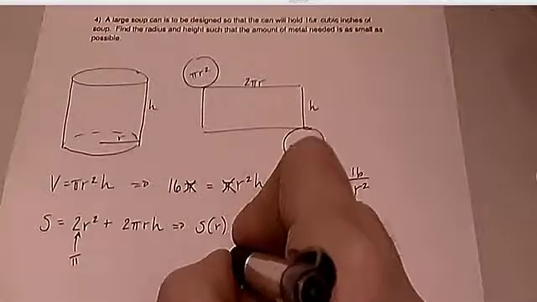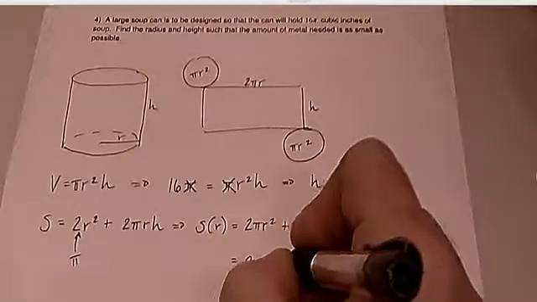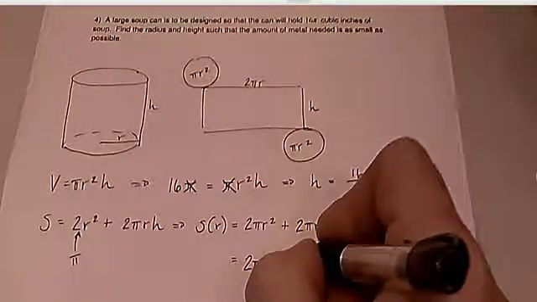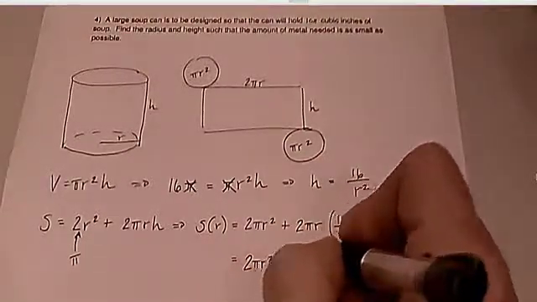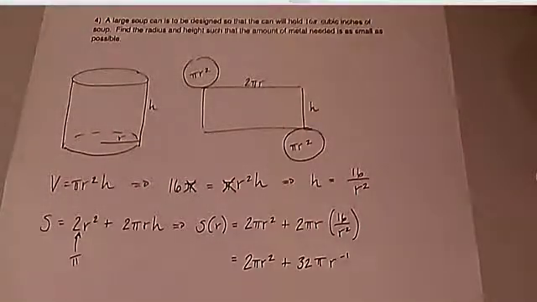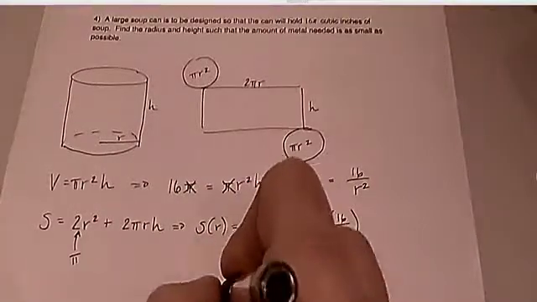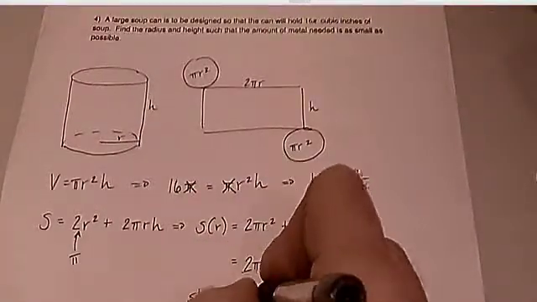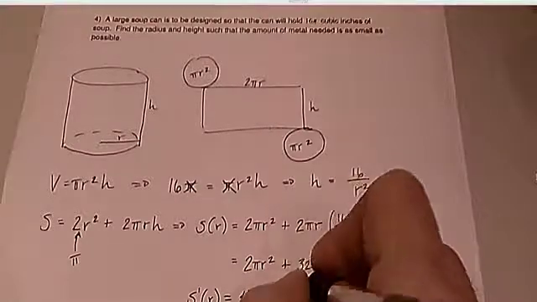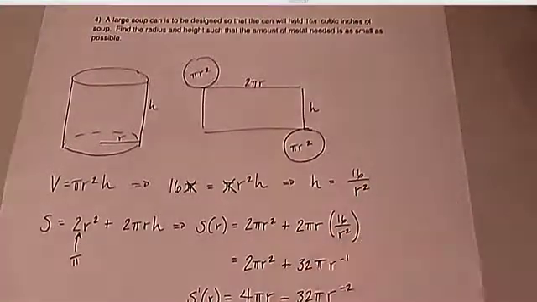Now this, when I simplify, is 2 pi r squared plus 32 pi r to the negative 1. And when we differentiate this, we're going to get 4 pi r minus 32 pi r to the negative 2.